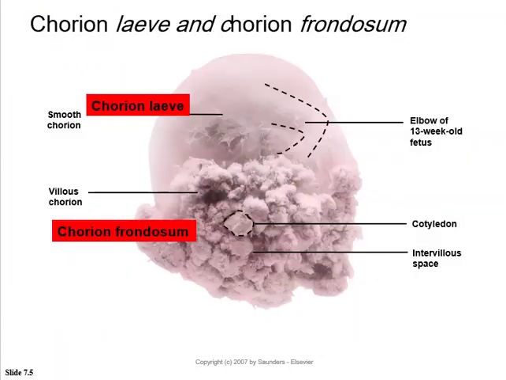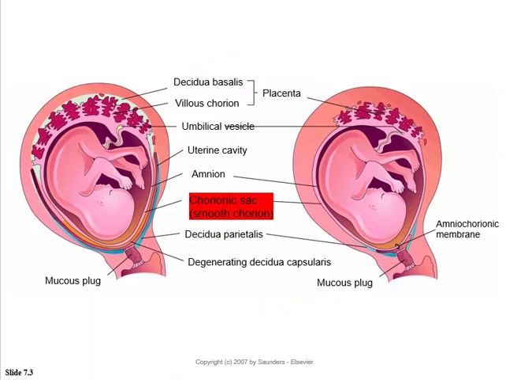And here, this is the chorion and its parts. The smooth part surrounding the fetus or embryo is called chorion laeve, while the part incorporated with the placenta is called chorion frondosum. Here is the chorionic villi within the chorion frondosum, and here is the chorion laeve or smooth chorion.